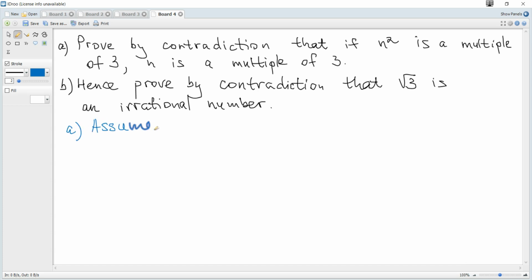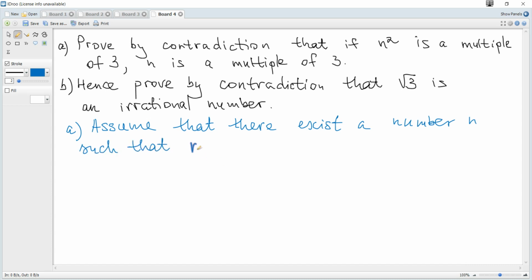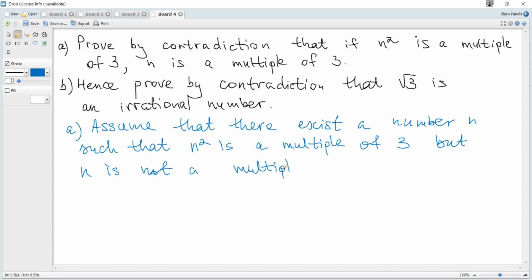Assume that there exists a number n such that n squared is a multiple of 3, but n is not a multiple of 3.